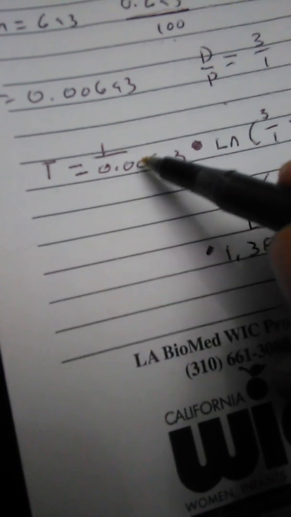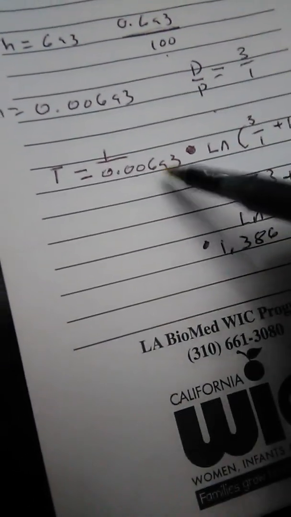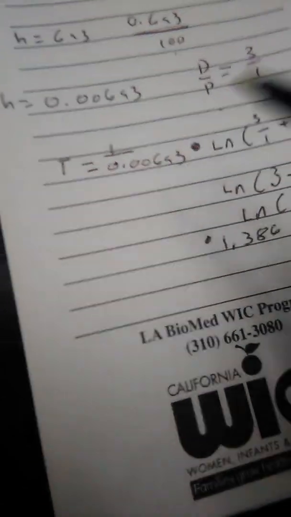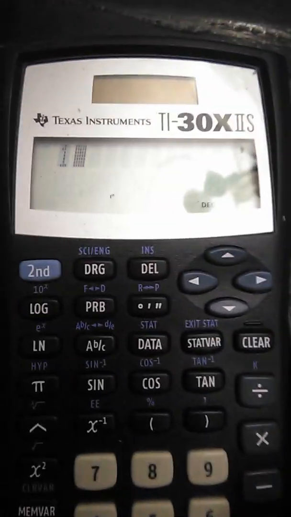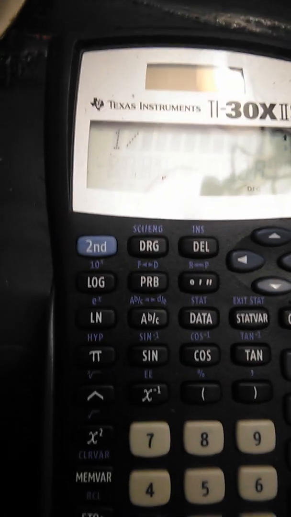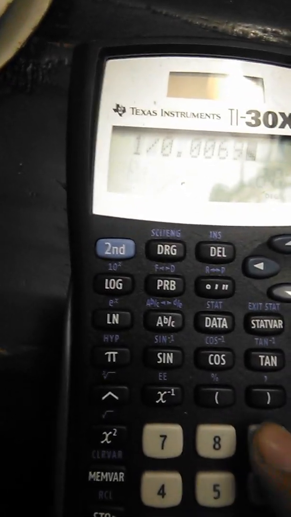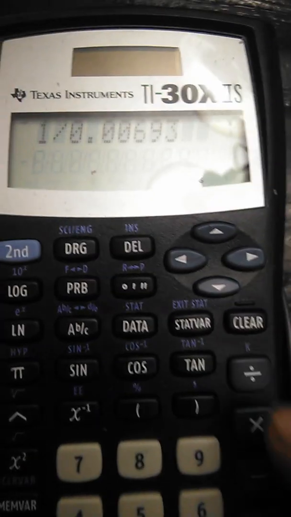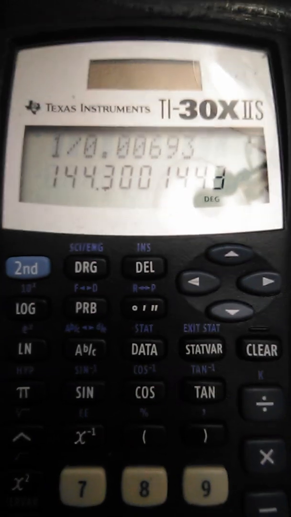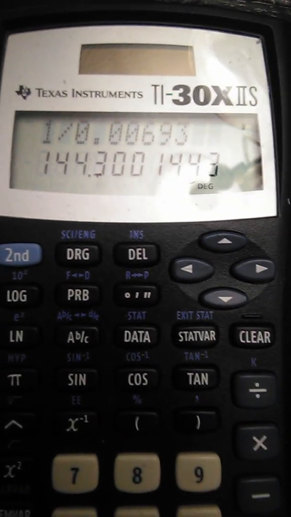This one's also simple. All you have to do is go into your calculator and put 1 divided by this big number. So let's do that. It's 1 divided by 0.00693. Put equals and look.